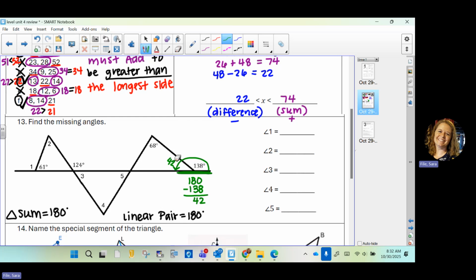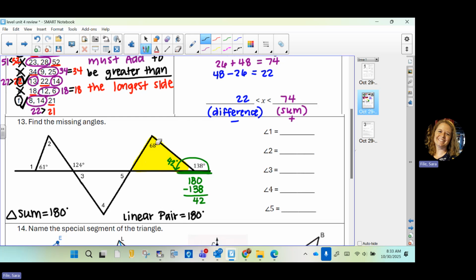Now that's not one of the ones we were asked for, but we need it to help us find the ones we're asked for. Because now I can look in this triangle and I have two of the three angles. So how can I find the third angle? All three of these have to add to 180.